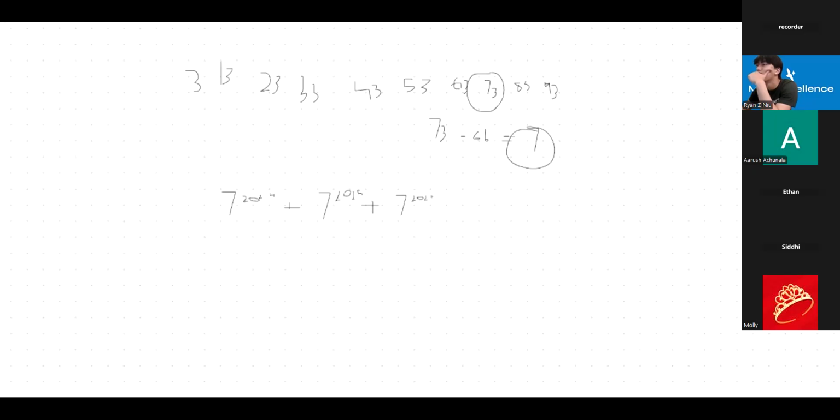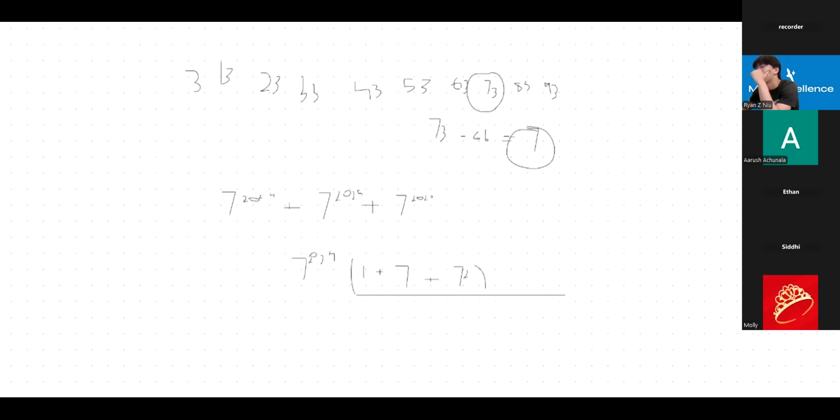So what I would do is distribute out a 7 to the 2024 since they each share that. So you'd get this. And then we also can evaluate this portion.